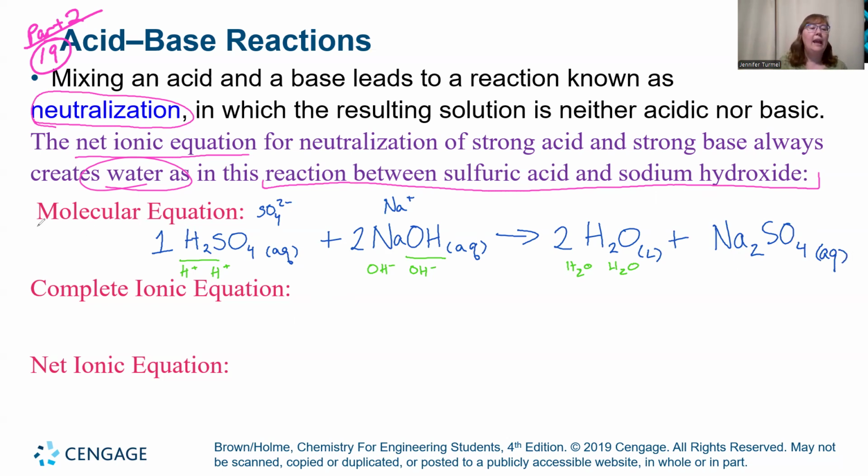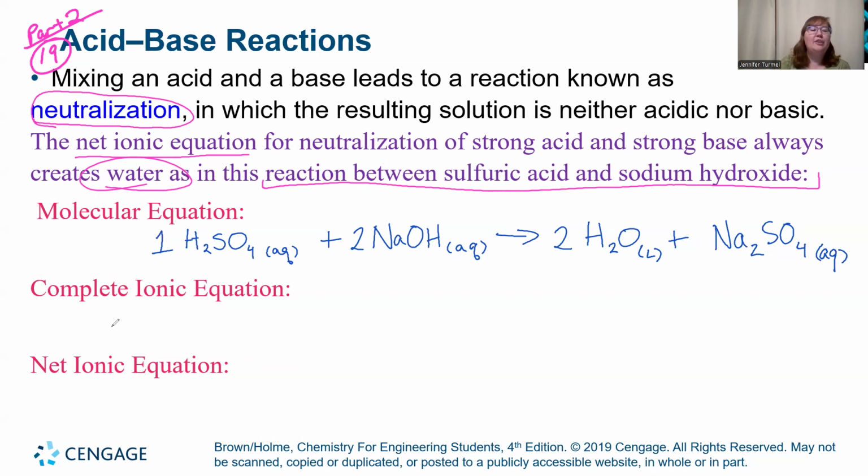Now, if we want to, I'm just going to get rid of these so that we can look specifically at what we're looking at. So now we have a complete ionic equation. And in our complete ionic equation, remember, what we're going to be doing here is breaking it up.